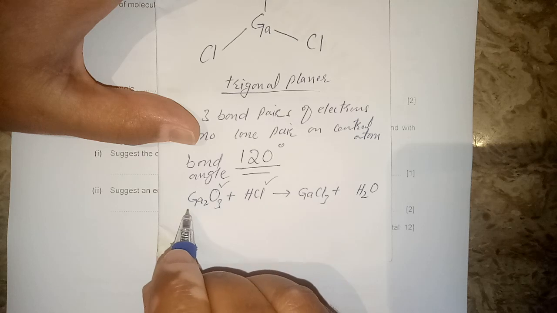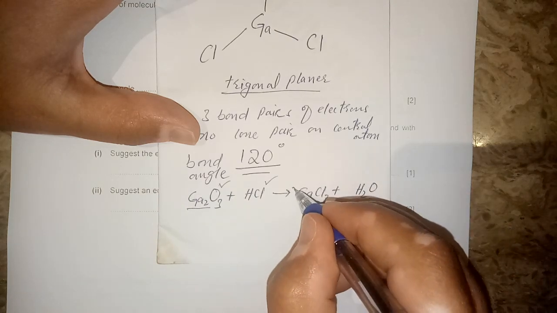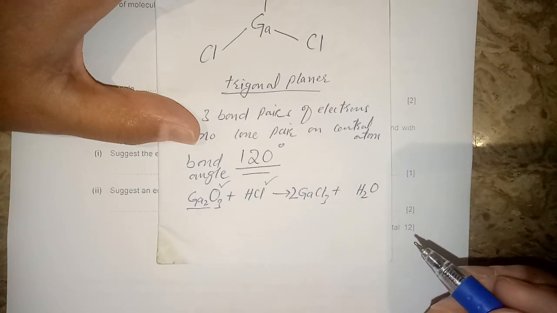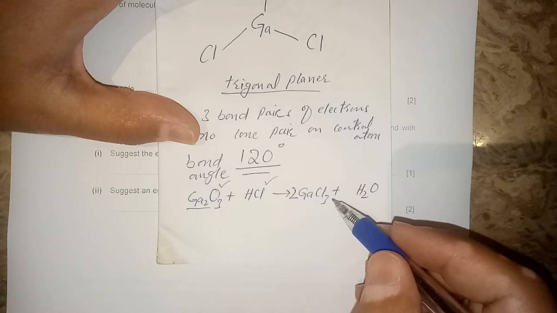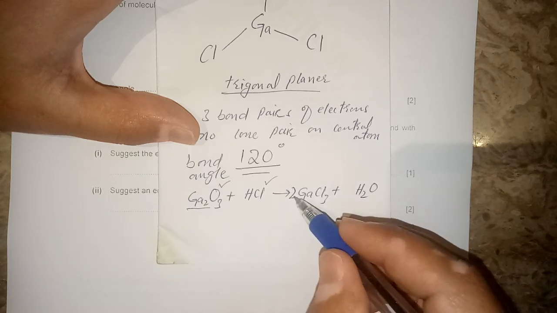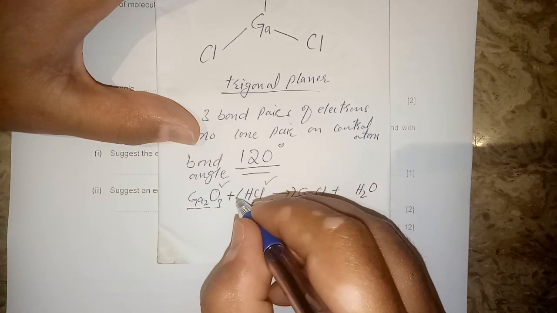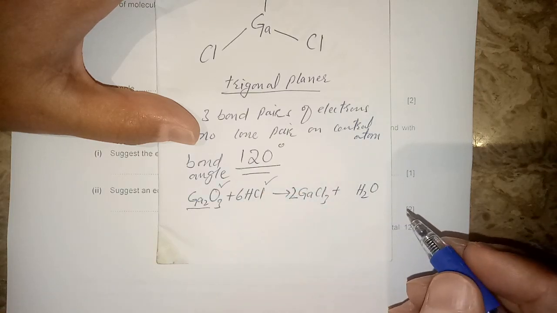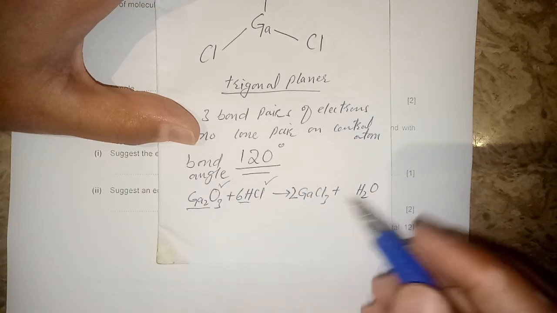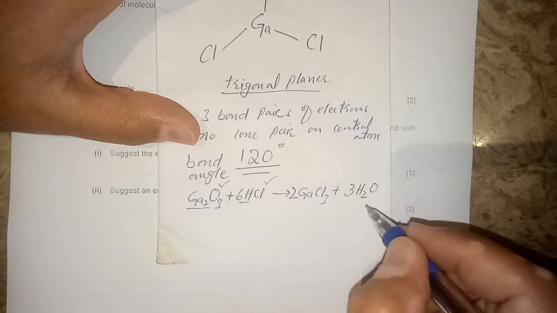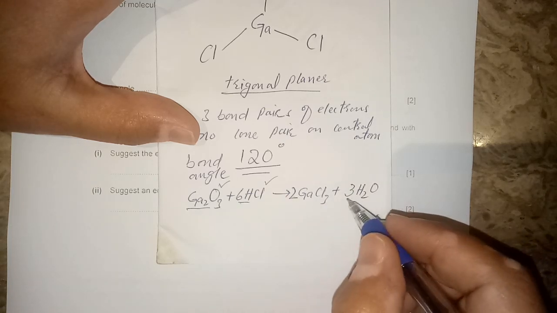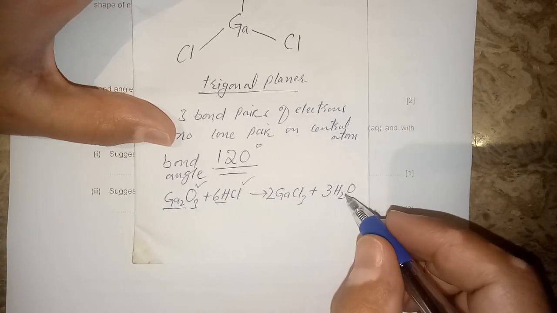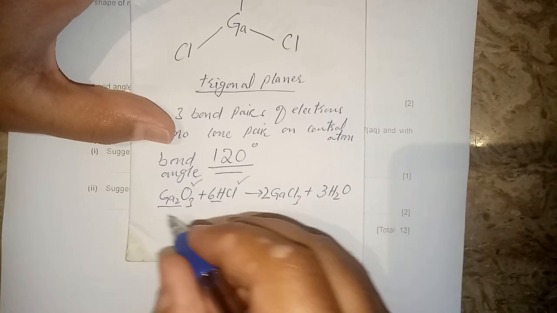For balancing we need 2 gallium atoms. For that we place 2 with the gallium chloride, and as a result we get 6 chlorine, so we place 6 with the HCl. As a result we get 6 hydrogen atoms. To balance the hydrogen we place 3 with the water. So the equation is balanced.